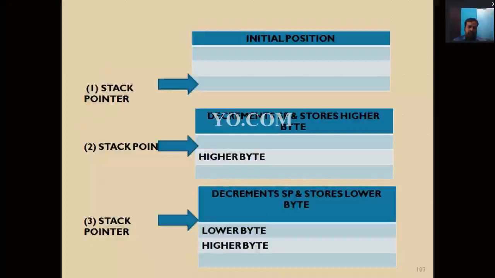So this is an example of how the stack operates. In the initial stage, the stack pointer points to the bottom of the stack. Then first the higher byte is loaded. Now the stack pointer points to the next address, and the stack pointer is decremented.